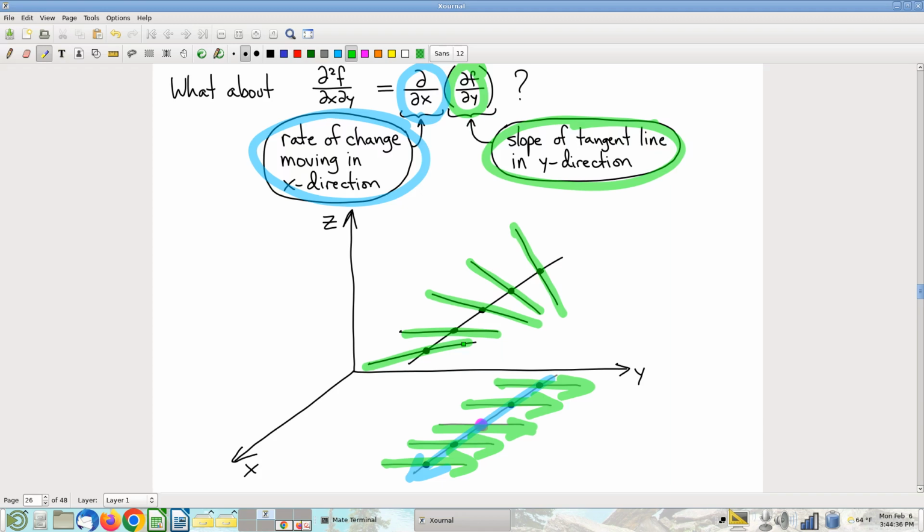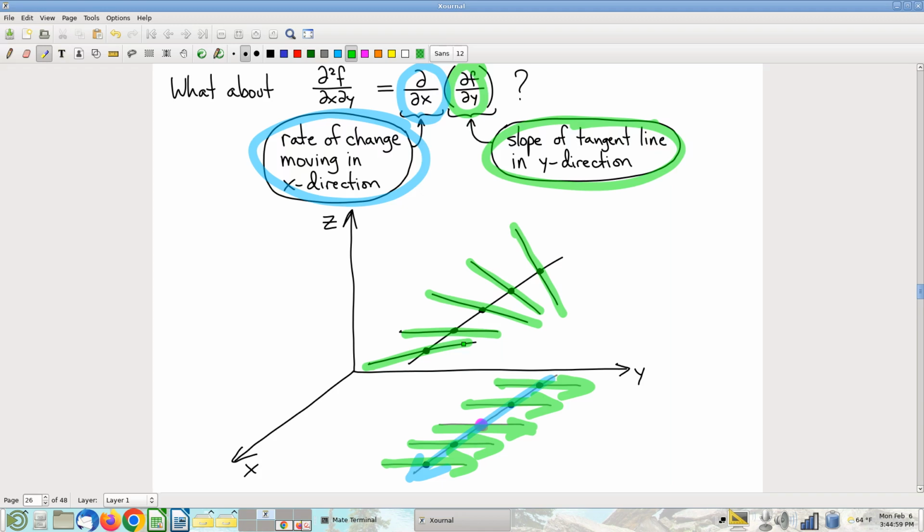And now keeping in mind that each one of these tangent lines gives me a slope. This one's like -2. This one's like -1. This one's like -0.5. This one's about 0. This one's about +0.5. So what is happening to these slopes as I come out of the page toward you?